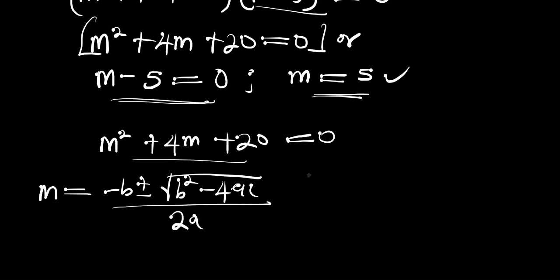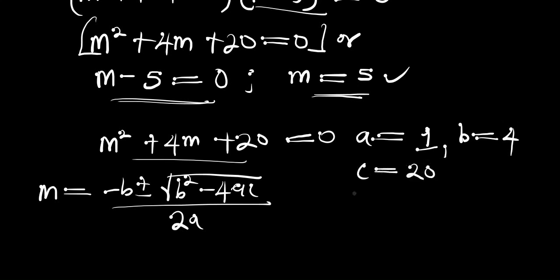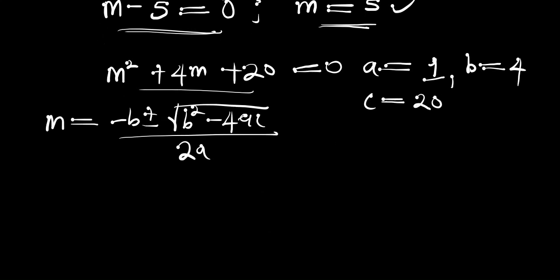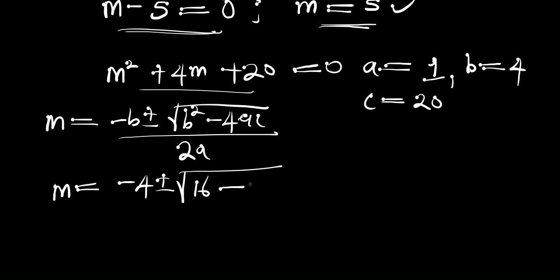And from this particular equation we have a equals 1, which is the coefficient of m squared, b equals 4, which is the coefficient of m, and c equals 20, which is the constant there. So let's insert it into this particular formula. We have m equals negative 4 plus or minus square root of b squared, which is 16, minus 4ac, which is 4 times 1 times 20, and that is 80. We have divided by 2, that is 2 times 1.